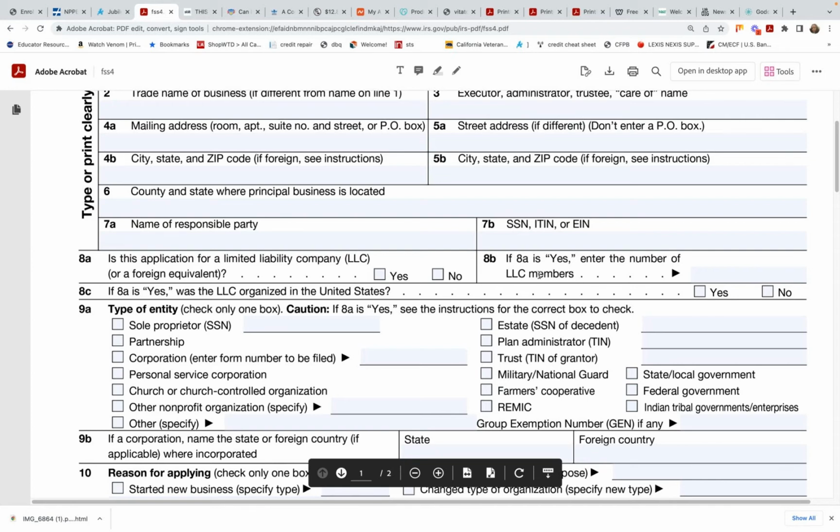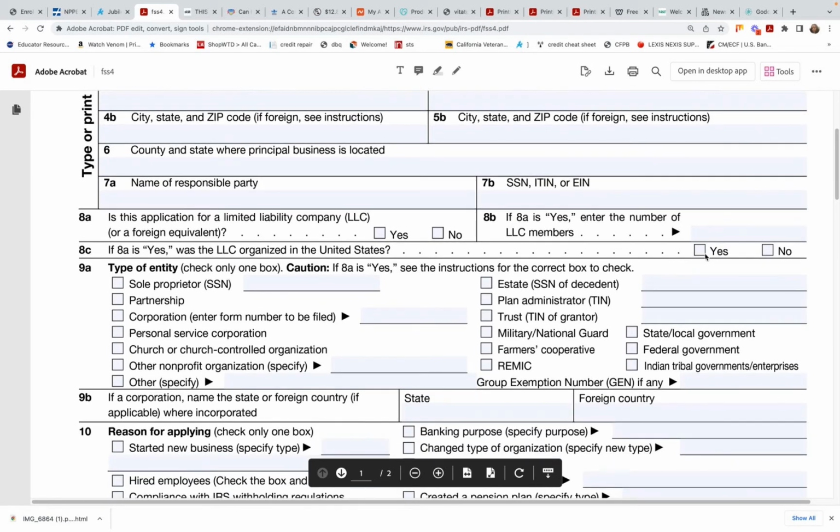All the members would get K1s. So if there's more than just you that is managing the business, or would take a portion of the sales and add them onto the taxes, that is where you would put those numbers here. If you are in an LLC by yourself, you are considered to be a sole proprietor and you would just put a 1.